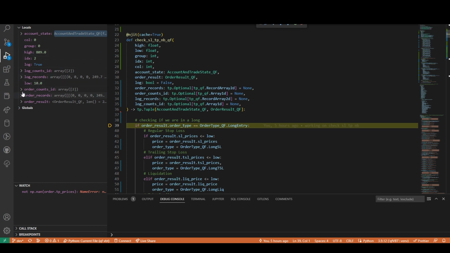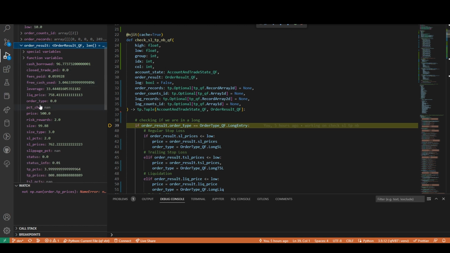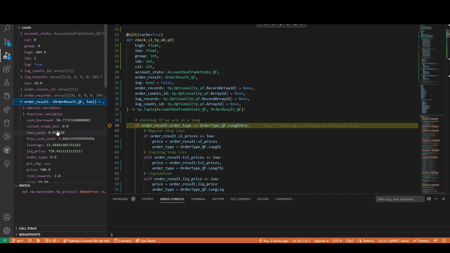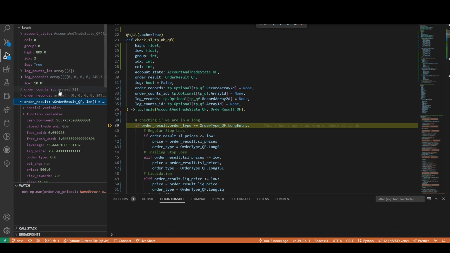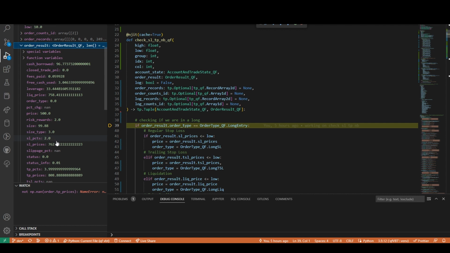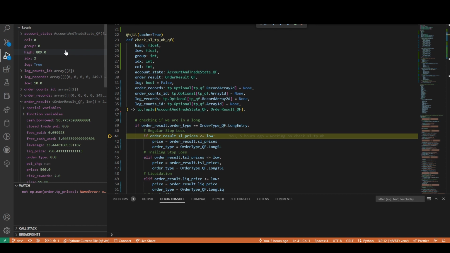So if we look at order results, stop loss prices is here. Our high is 809. Our stop loss low is 10. Our stop loss price is 706, so it's nowhere close. So we should get the take profit price though, which is 808. Our high is 809.